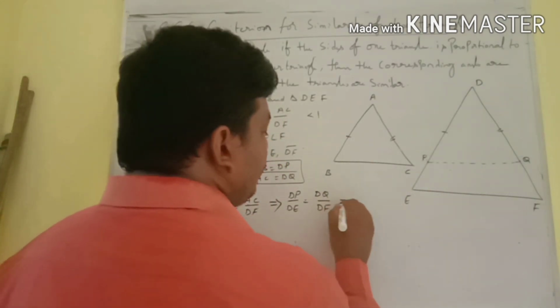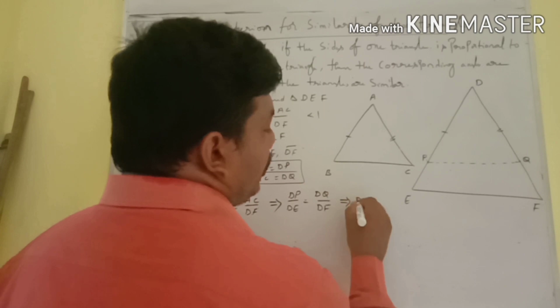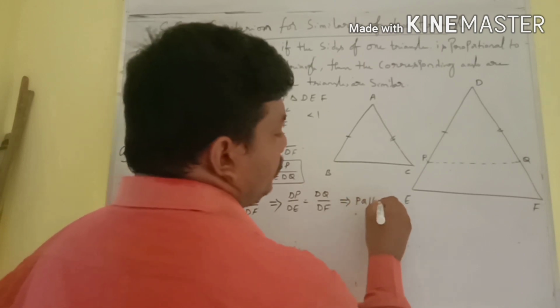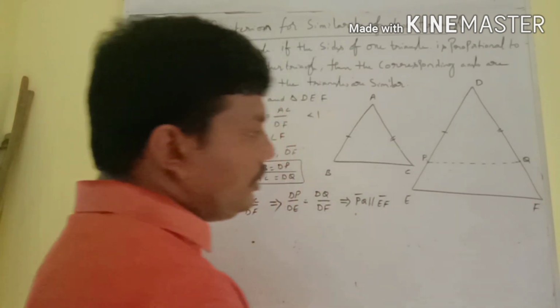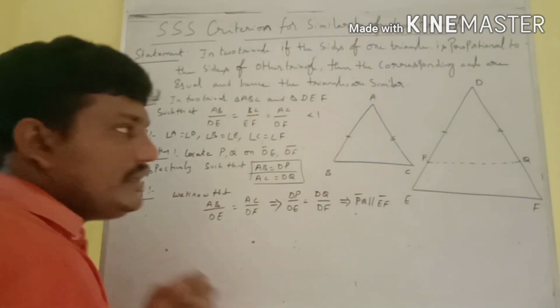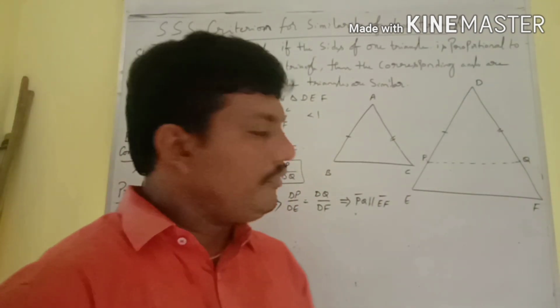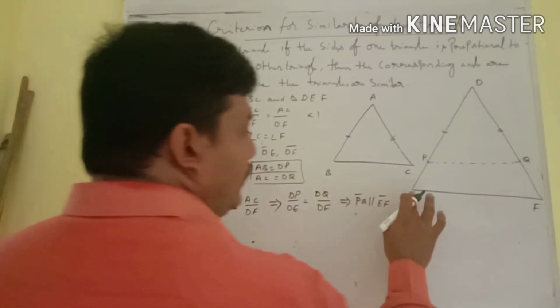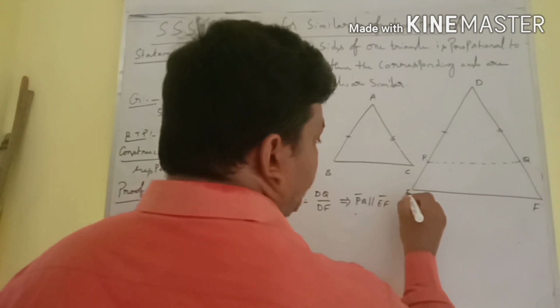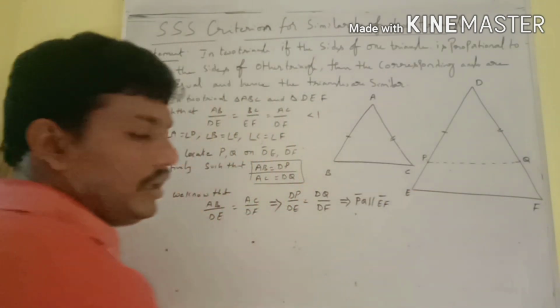That implies PQ is parallel to EF. This is since it follows from the converse of the basic proportionality theorem.